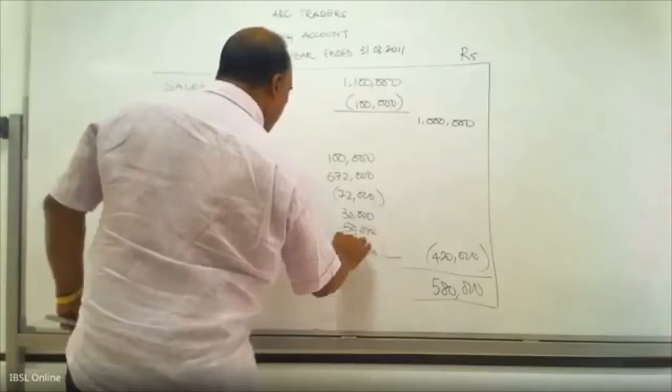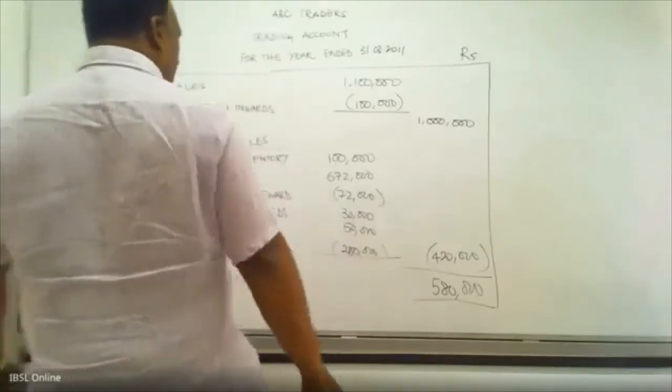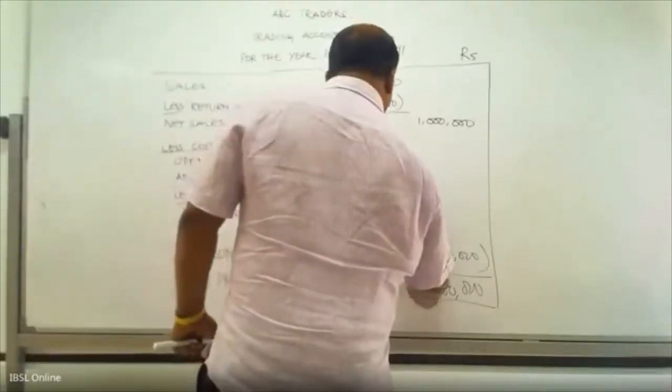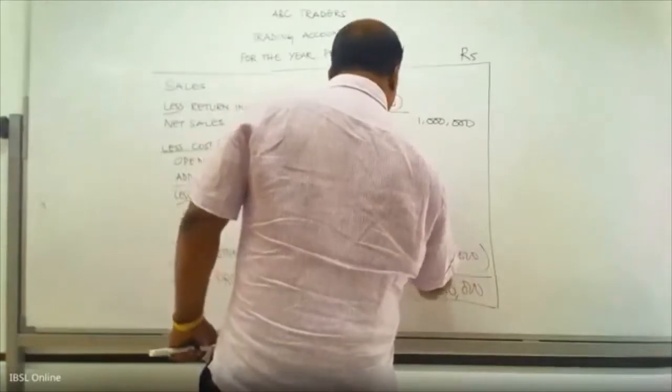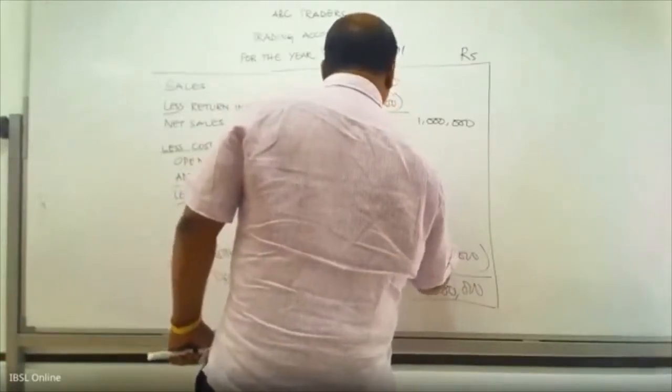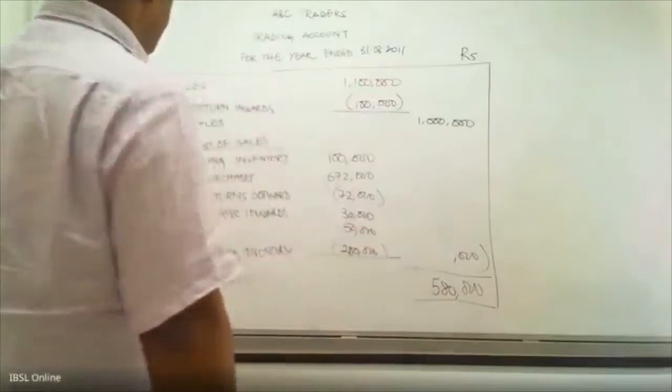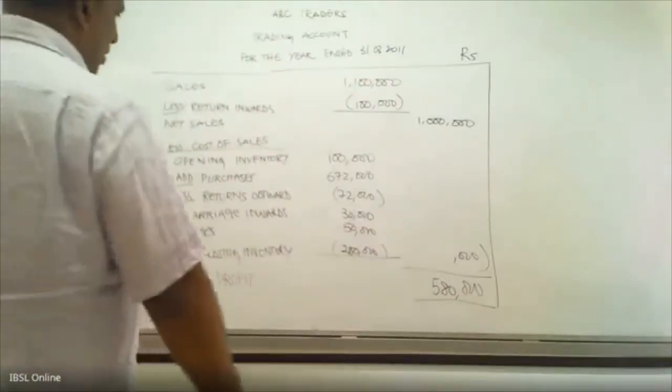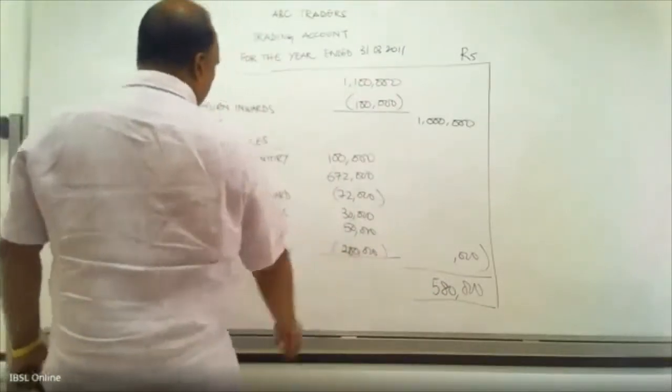You have to add the two, carriage inwards and the wages, because it is part of your cost, and then you will take out the closing inventory.